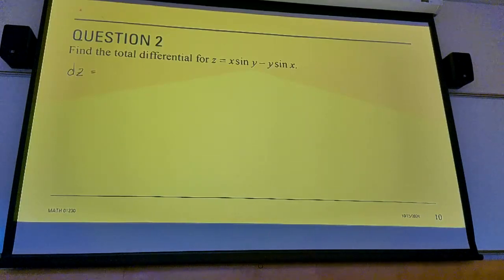What's the total differential? Sine of y minus y cosine x plus x cosine y minus sine x.